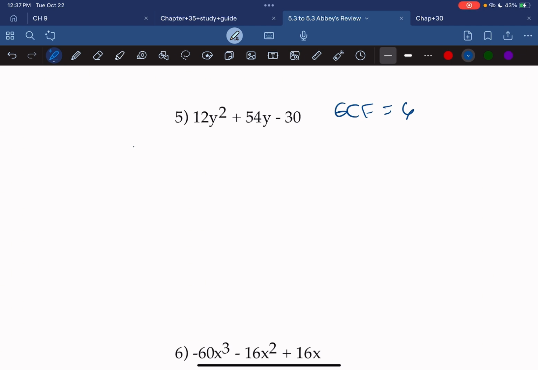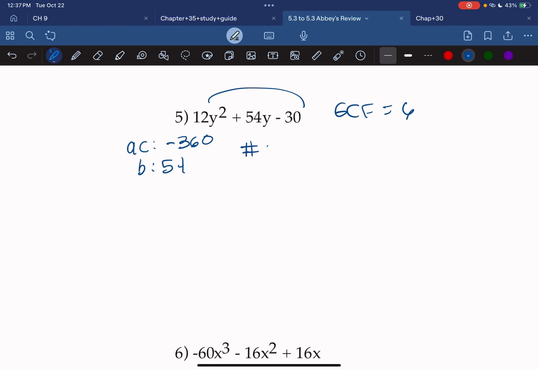Now let's do A, C, and B. 12 times negative 30 is going to give us negative 360. And our B is 54.